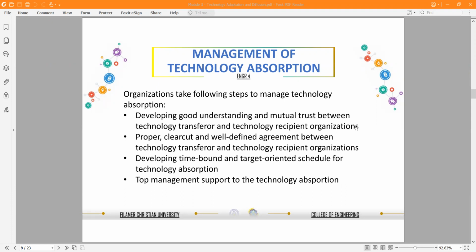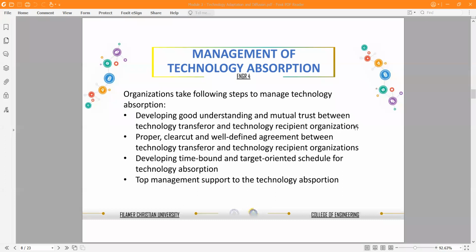So may ara kita da sang ginatawag nga contract. Yan, may or kung hindi contract, may ara kita ginatawag nga memorandum of agreement or memorandum of understanding between the two parties or between the two organizations, yung nag-transfer at saka yung recipient. And then developing time-bound and target-oriented schedule for technology absorption.